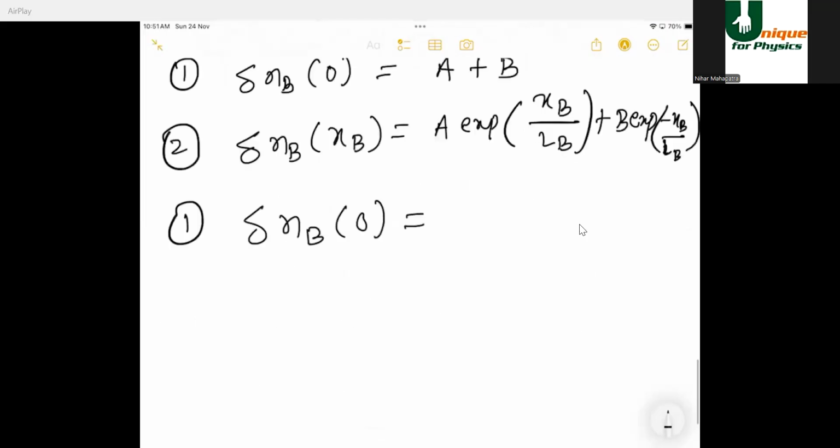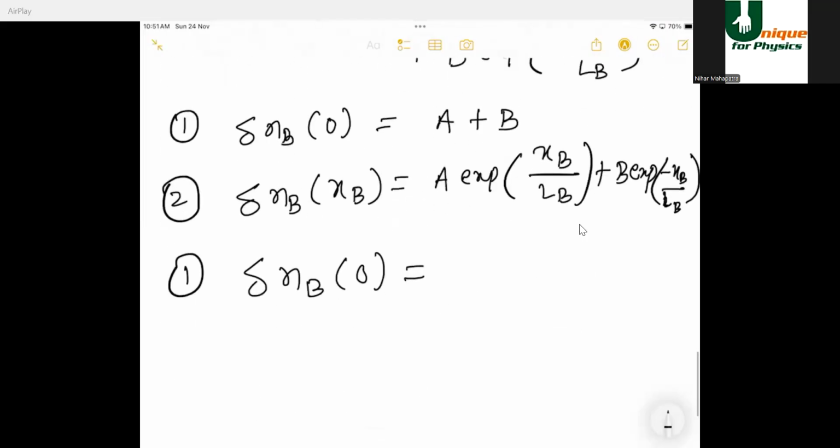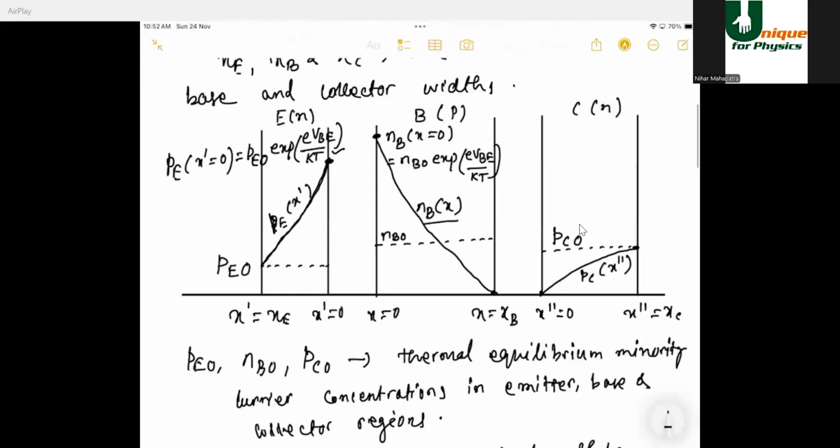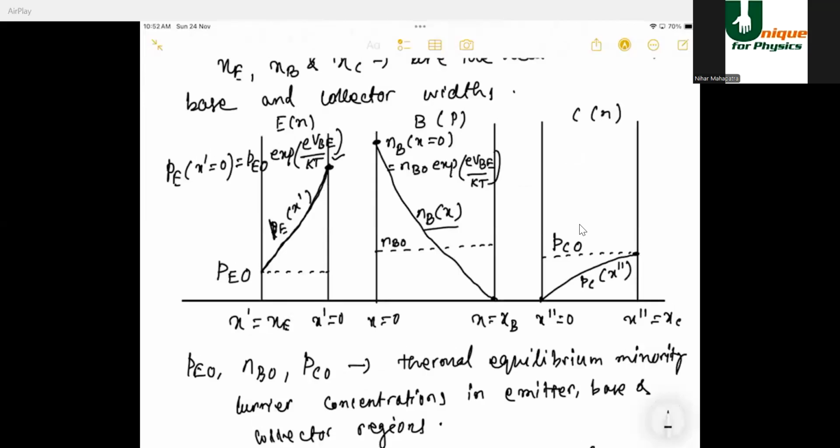Let us write that way as well. So delta nb at x equal to 0 can be written as nb, the non-equilibrium value at x equal to 0, minus nb0. So nb at x equal to 0, if you remember, we have written here as nb0 exponential of e vbe by kt, this one.